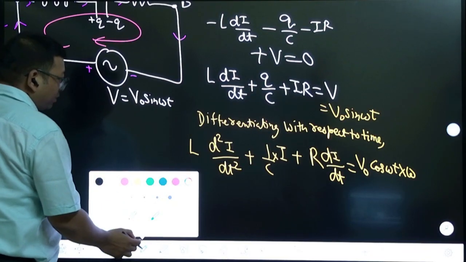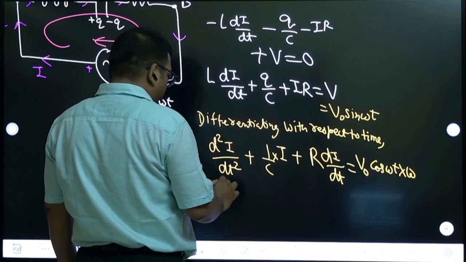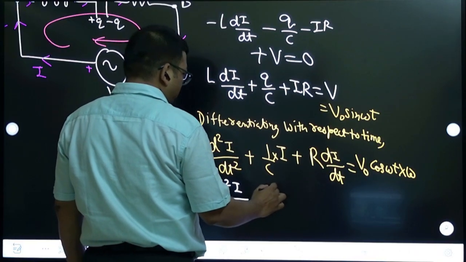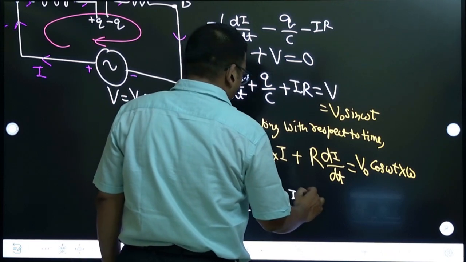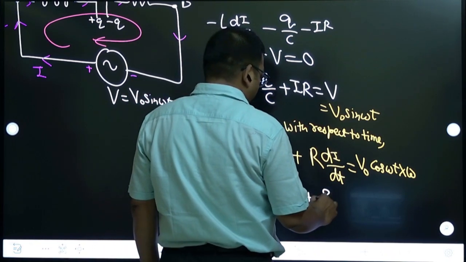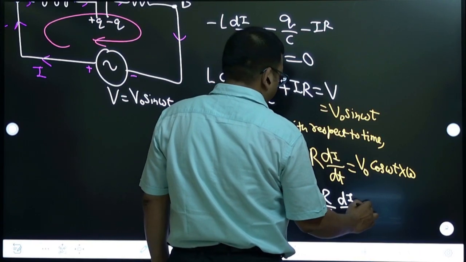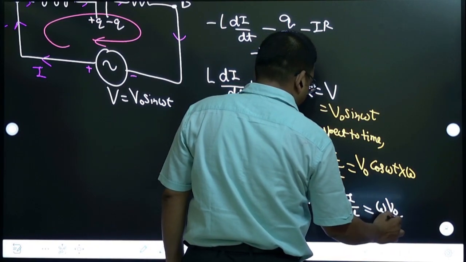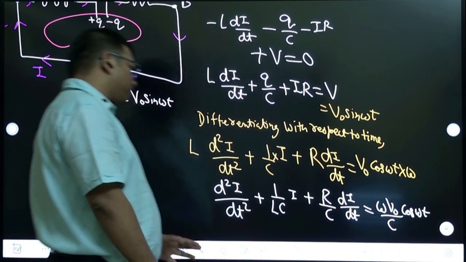Divide everything by L. So you will get d square I by dt square plus 1 by LC into I plus R by C di by dt is equal to omega V naught by C cos omega t. This equation we got.